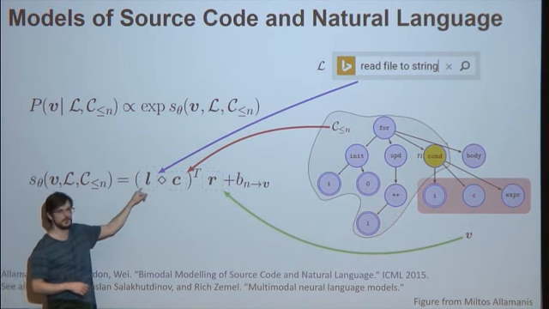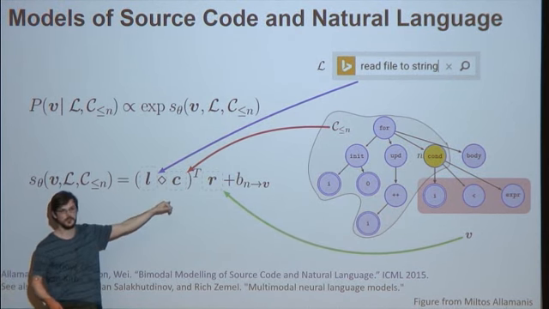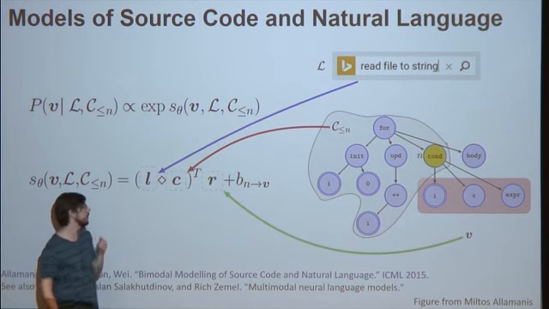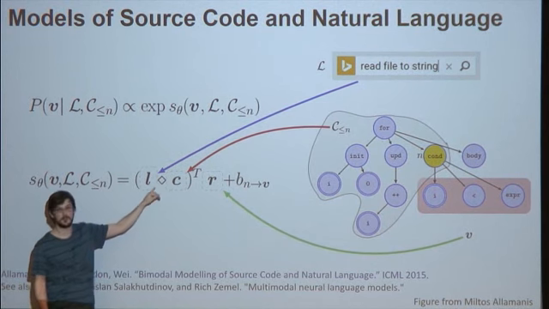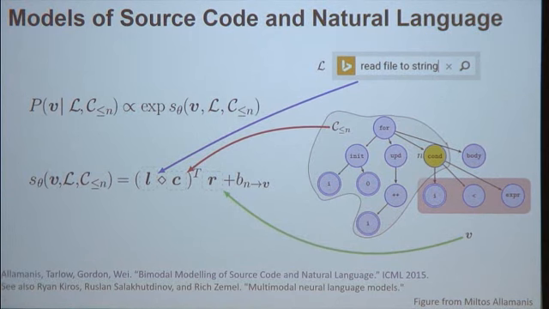And then the new thing is this representation of the natural language, and we want this to modulate the context somehow. So the diamond is either an addition or a multiplication. It turns out there are reasons to prefer the multiplication over the addition. You can see the paper, there's an example of something you can do with multiplication that you can't do with addition.